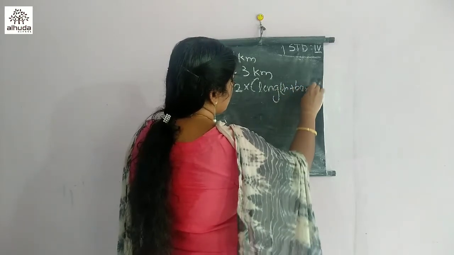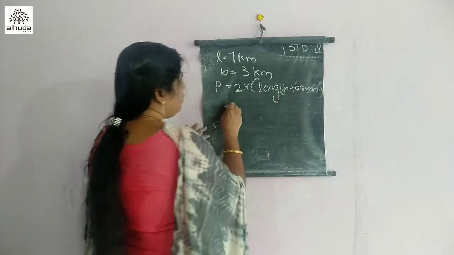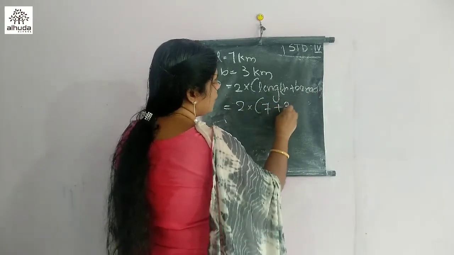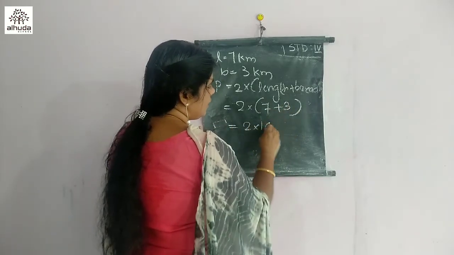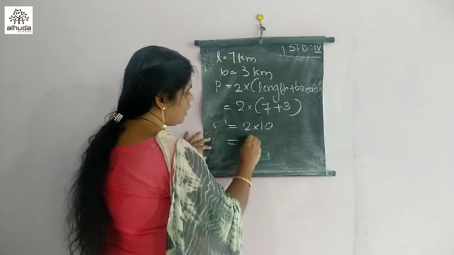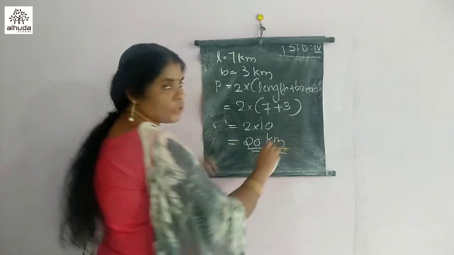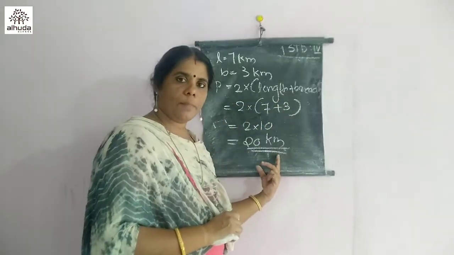Equation is compulsory to write. Then 2 into (7 plus 3) is equal to 2 into 10. So 20 kilometer is the answer. Understood? With the equation, we can easily find the answer.